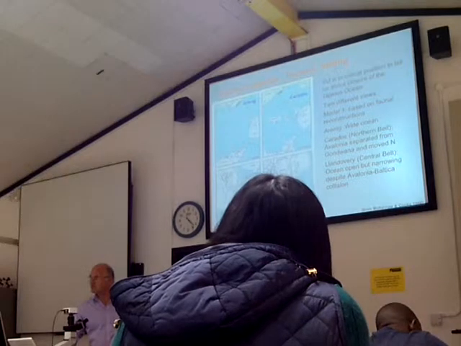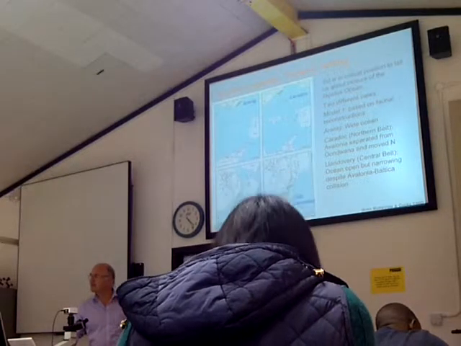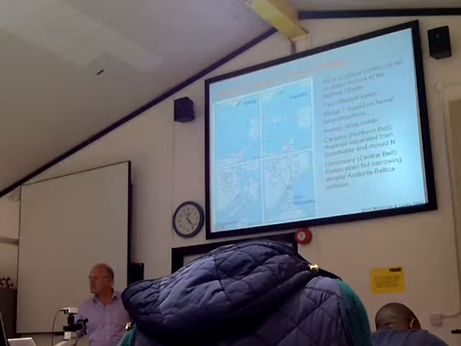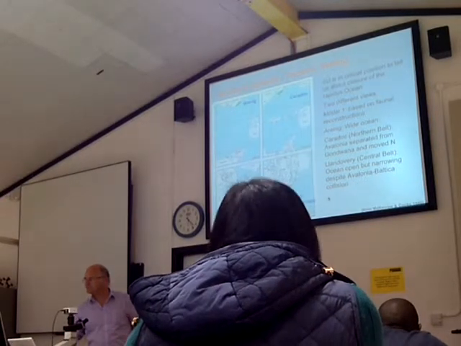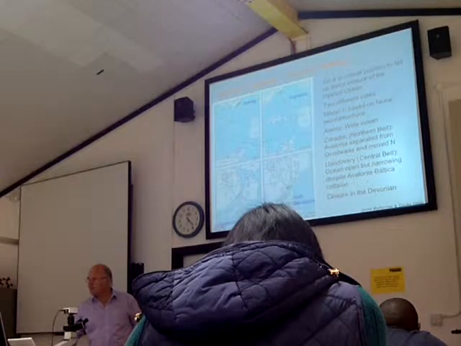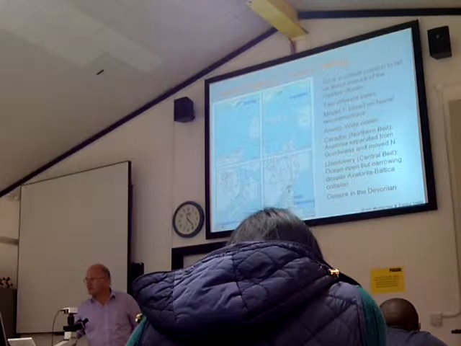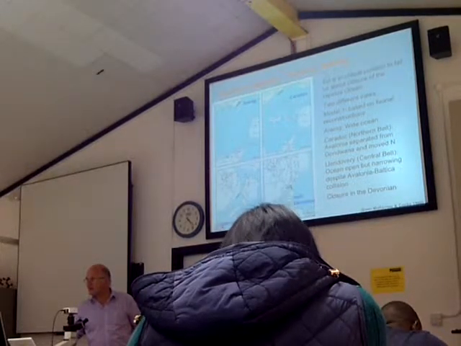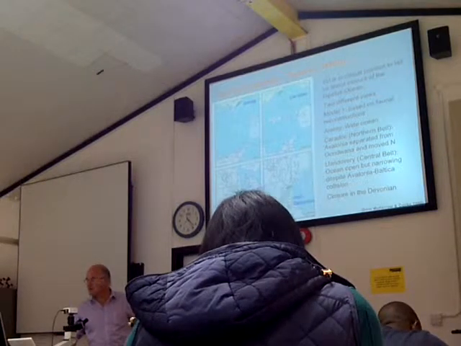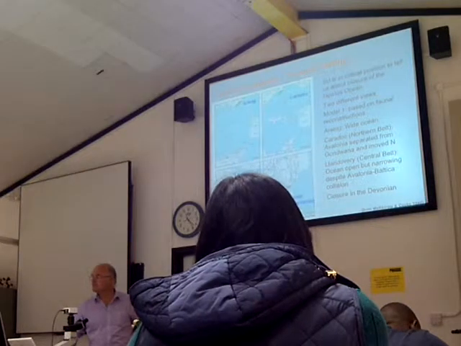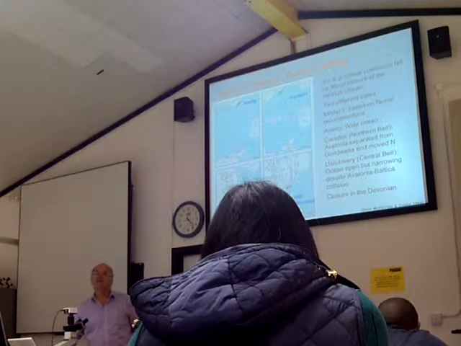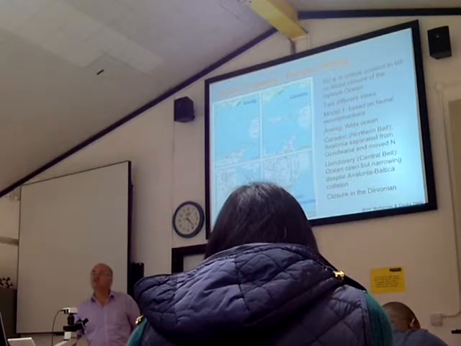This bit is called Baltica, as illustrated up there. So Baltica collided with Avalonia at some point in the early Silurian. And finally, closure took place between Avalonia and Laurentia. Avalonia got stuck onto Laurentia in the Devonian. So that's the view based on faunal provinces.